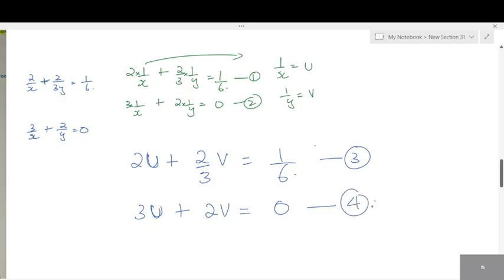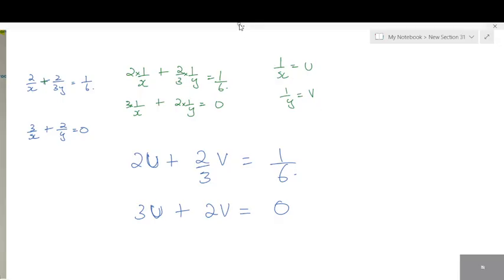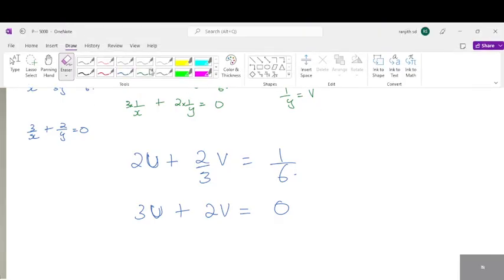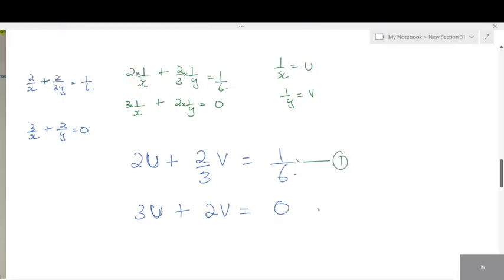Very good. Fourth equation. Or you can even write it like this. Erase this and make this first and second.